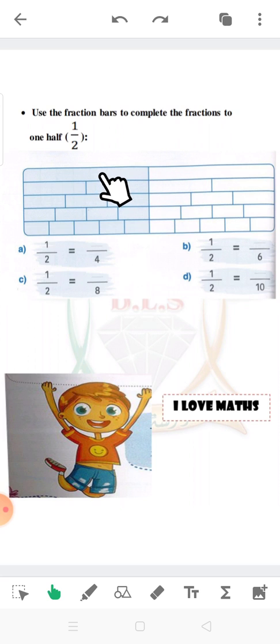So I put 2 in the bottom and 1 at the top. So we write a half, and this one is a half. And look at the next row. It's divided into how many parts? Into 4. So each part is considered a fourth.